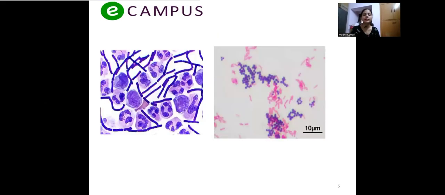See, this is the gram negative bacteria and this is the gram positive bacteria. Gram negative appear pink in color and gram positive appear violet in color, right? Violet are gram positive bacteria and pink are gram negative bacteria.